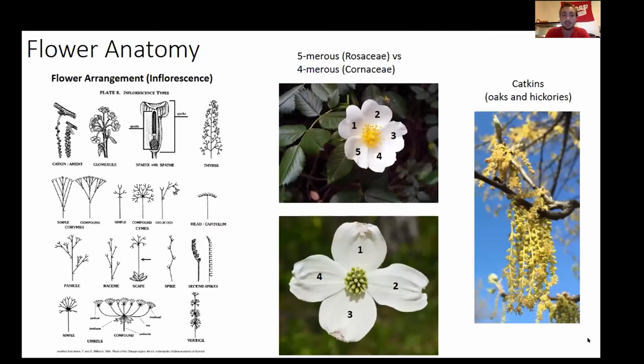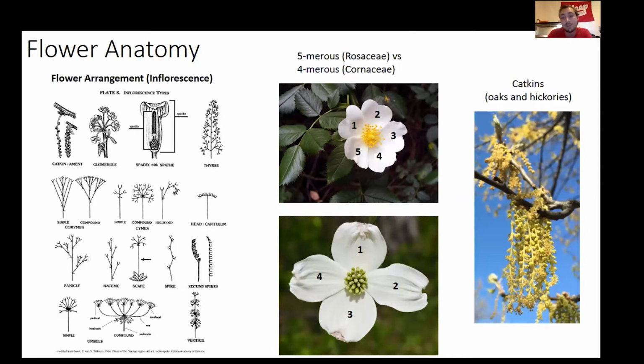I did mention our flowers can be in these arrangements called inflorescences. Today we're really going to be focusing on racemes. A raceme is basically a spike right here. A spike is just a vertical flower stem that has flowers along it.